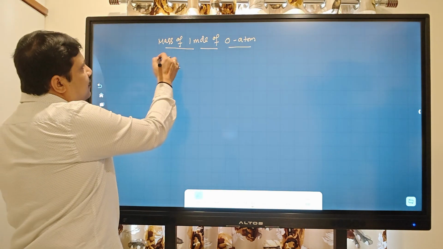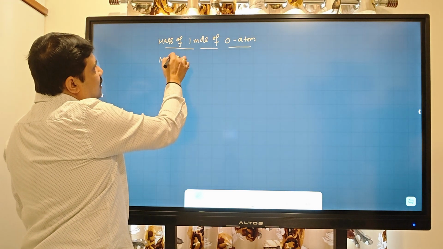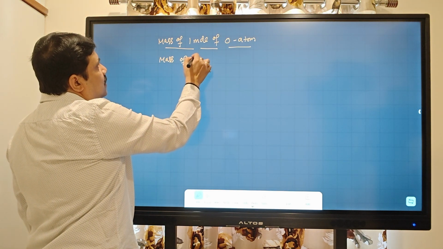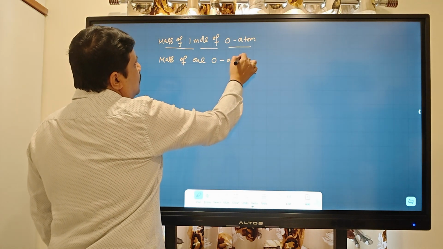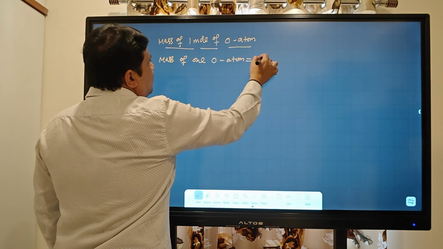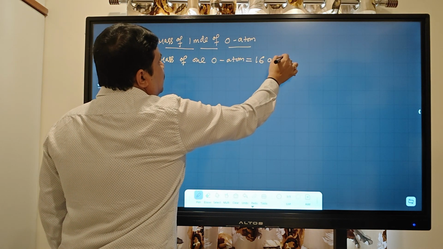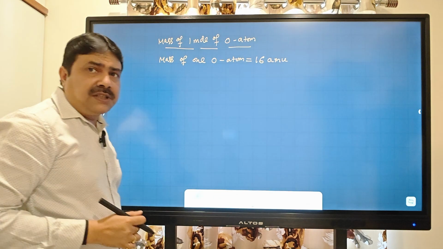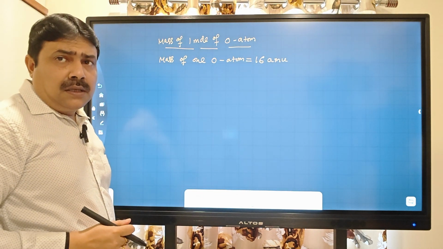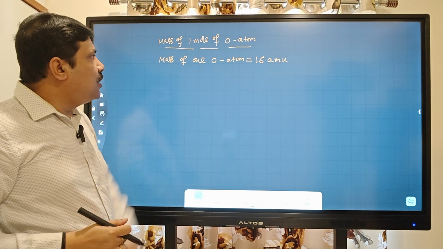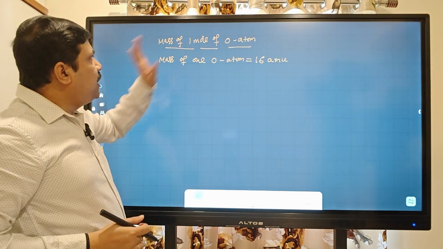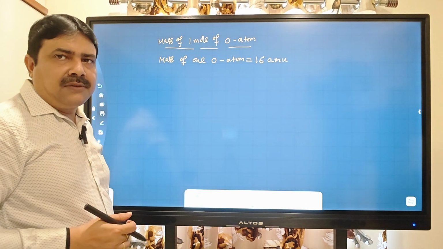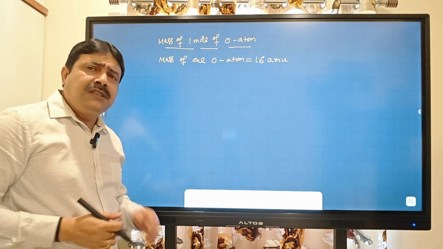The mass of one oxygen atom, which I told you to remember, is 16 AMU. That means one oxygen atom is 16 times heavier than 1 AMU. Now I need to find the mass of 1 mole of oxygen atoms.